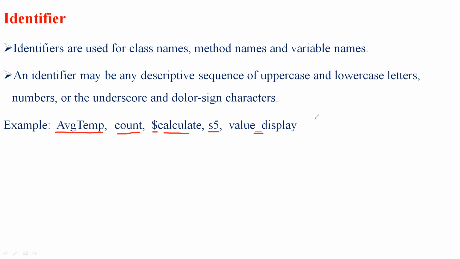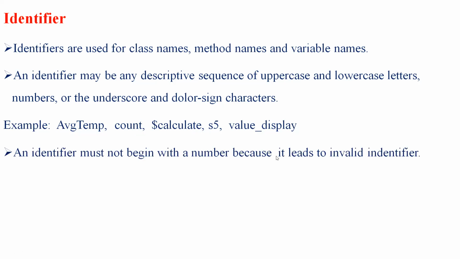So these are the different valid identifiers which are used to identify class names, method names, as well as variable names.